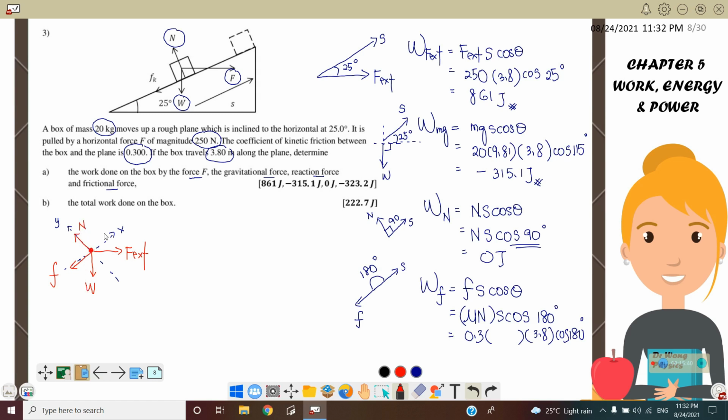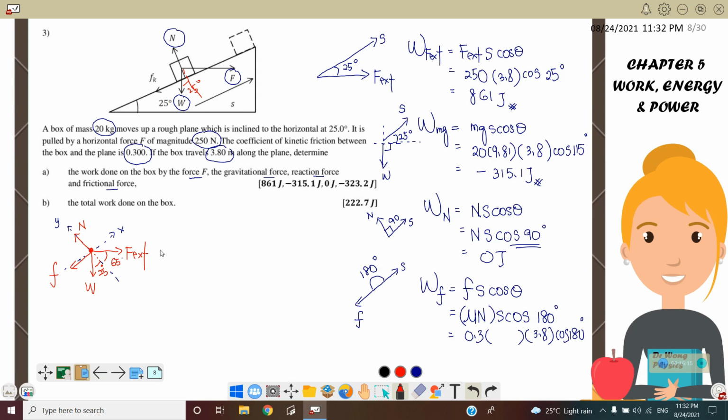The angle here is 25 degrees. Because the weight and the external force are perpendicular, the other angle will be 90 minus 25, which is 65 degrees.